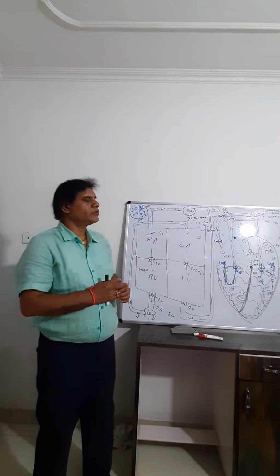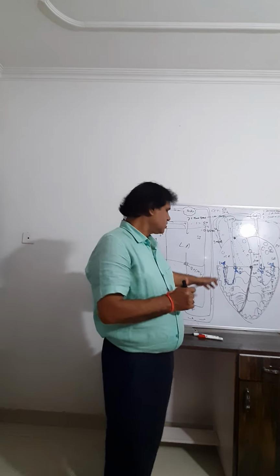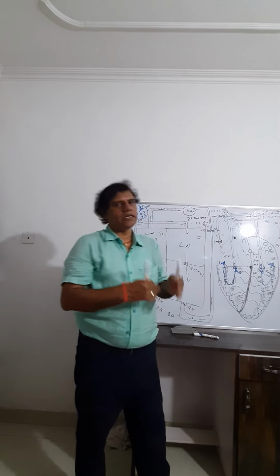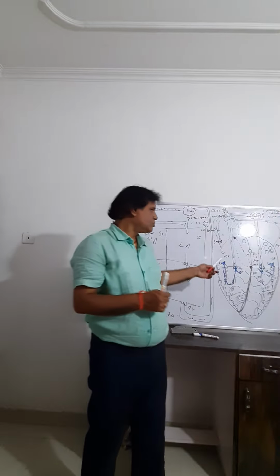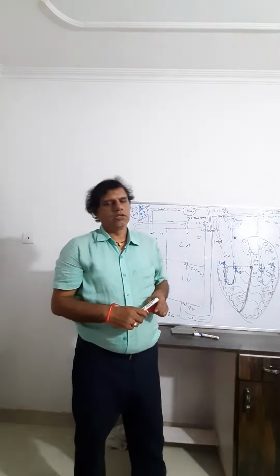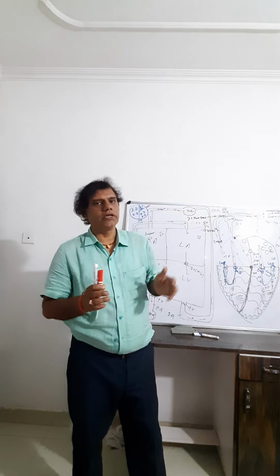So there are 2 types of heart sound: lub, that is the first heart sound, and lub is produced due to the closure of these valves, tricuspid and bicuspid, at a time, and dub is produced due to the closure of the semilunar valve. So heart sound is always produced due to closing of valve, not due to opening of valve.